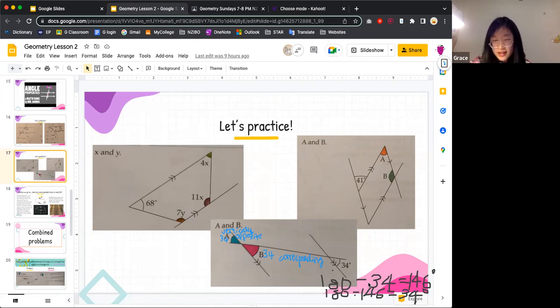I think someone's written down there 180 minus 34 equals 146. So there you would be using the co-interior rules, but here I think it's just corresponding, vertically opposite.